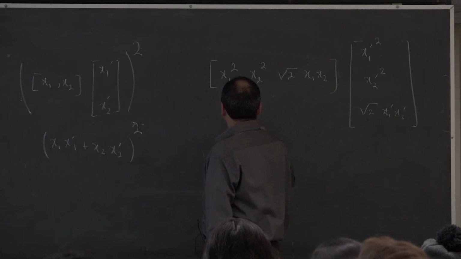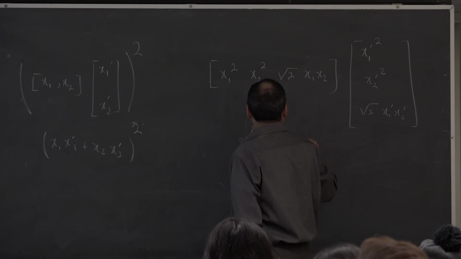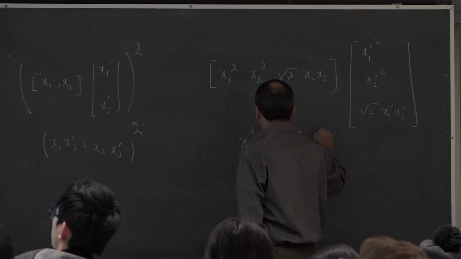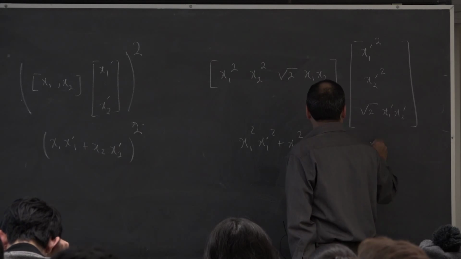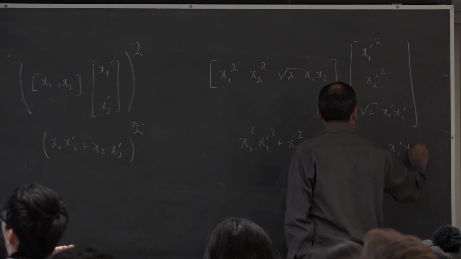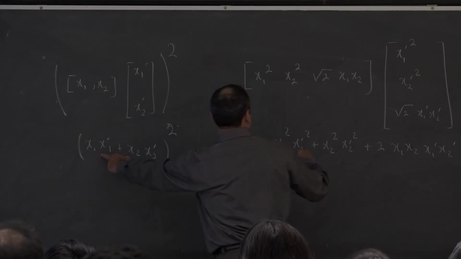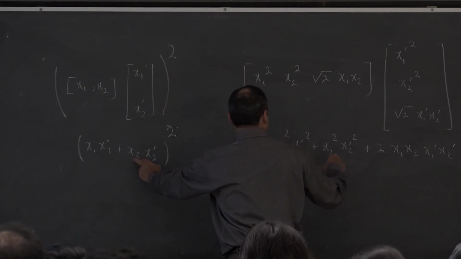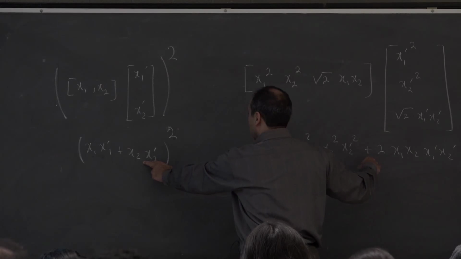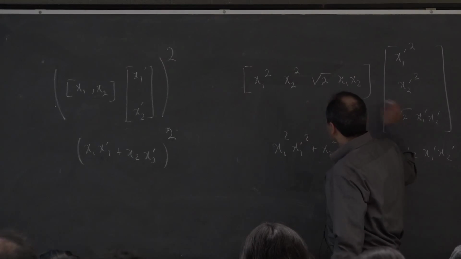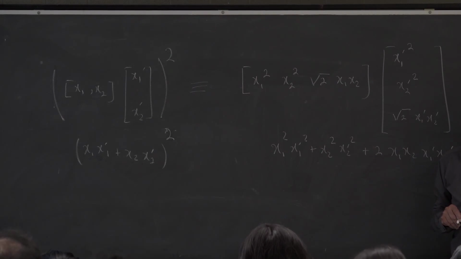Then it's going to be x1 squared x1 prime squared plus x2 squared x2 prime squared plus 2 x1 x2 x1 prime x2 prime. And if you expand this squared, it's going to be x1 squared x1 prime squared plus x2 squared x2 prime squared plus 2 times this times this. So these two are identical, right?